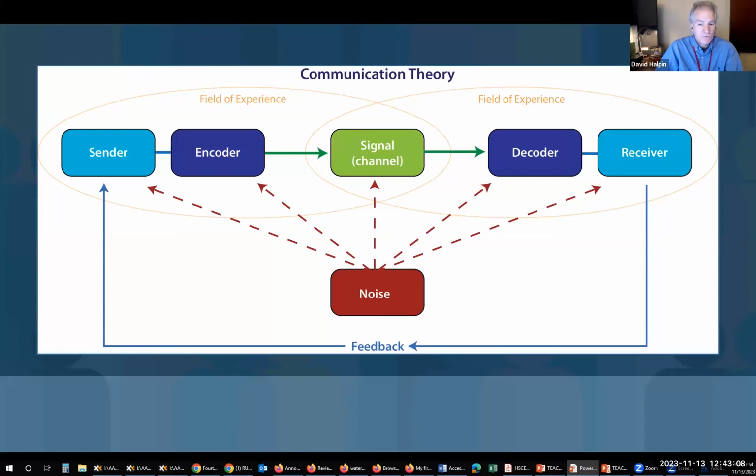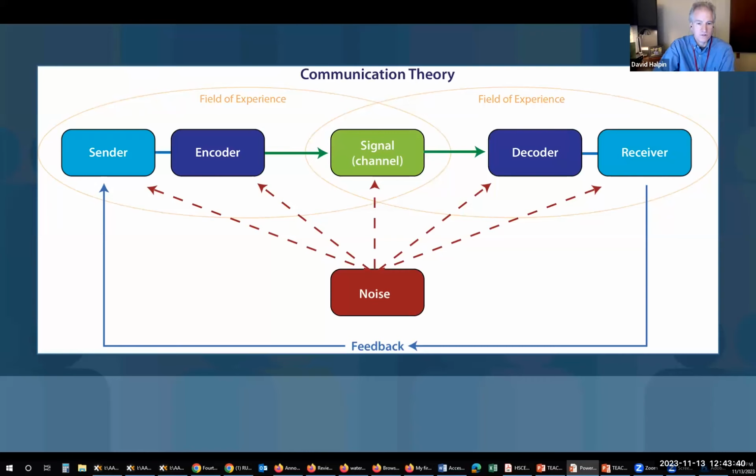And you also do that by respecting the backgrounds, knowledge, experiences, preferences, interests, and other characteristics of your learners. That field of experience that you see there represents their lived experiences. And you also do that by being aware of potential noise, those barriers that can interfere with learning, which include technology barriers, language barriers, cultural barriers, disabilities, and by your commitment to being more inclusive.